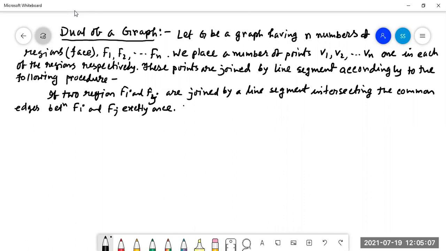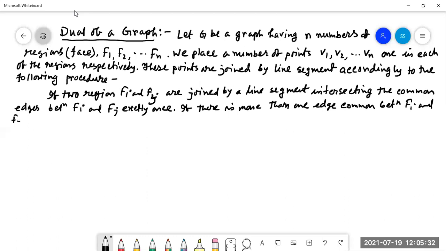If there is more than one edge common between Fi and Fj, we draw one segment between Vi and Vj for each of the common edges.